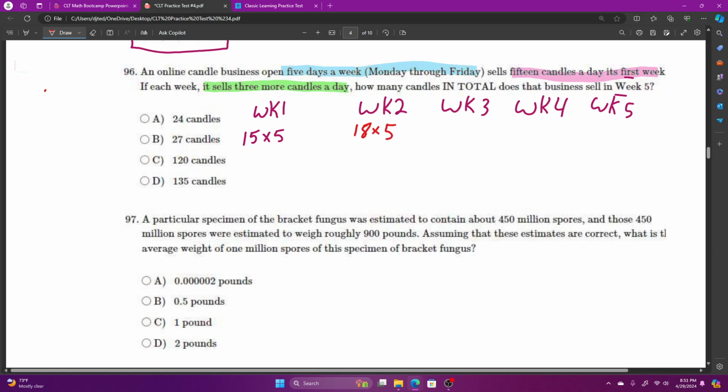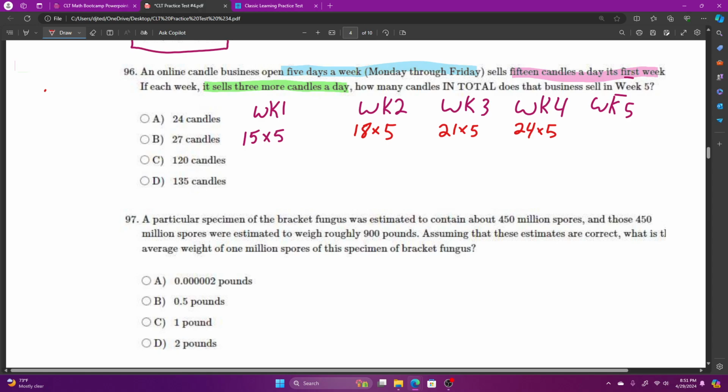Same 5 days. Week 3, 3 more candles a day times the same 5 days a week. Week 4, 3 more candles a day times the same 5 days a week. And then finally we get to week 5. How many candles in total does that business sell in week 5?